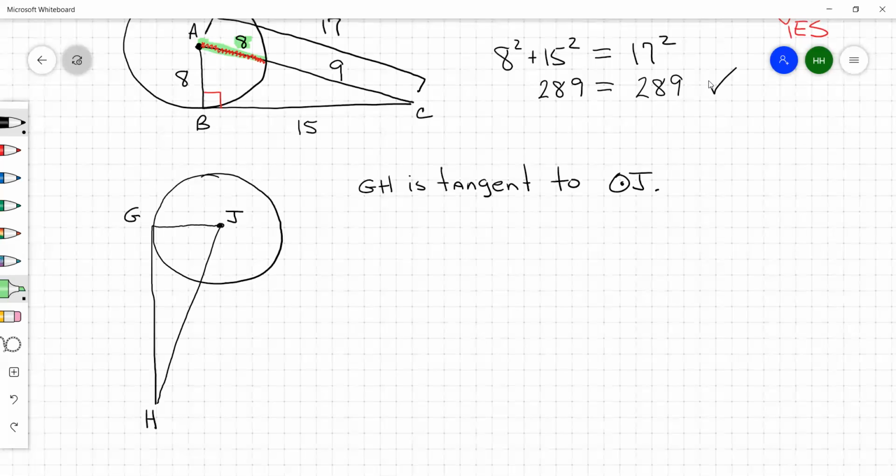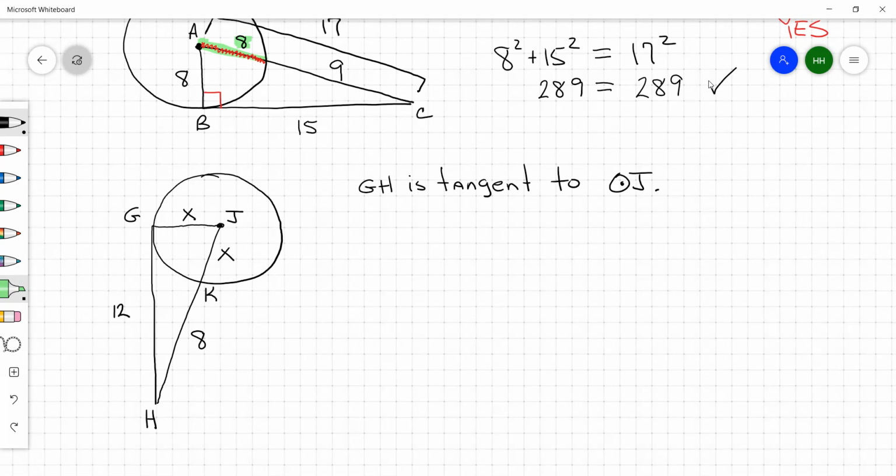Here's the other information. We've got an x right here. We've got an x right here. This piece is 8. And this piece is 12. And this point right here is K.